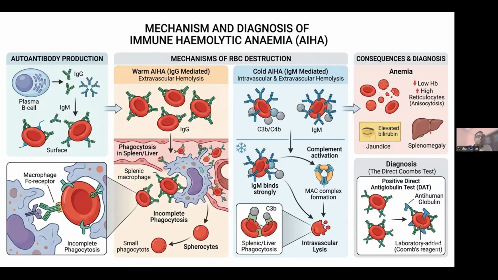Here, phagocytosis of these antibody-attached RBCs takes place in the spleen and liver, which is incomplete phagocytosis. And finally, it also causes anemic conditions.